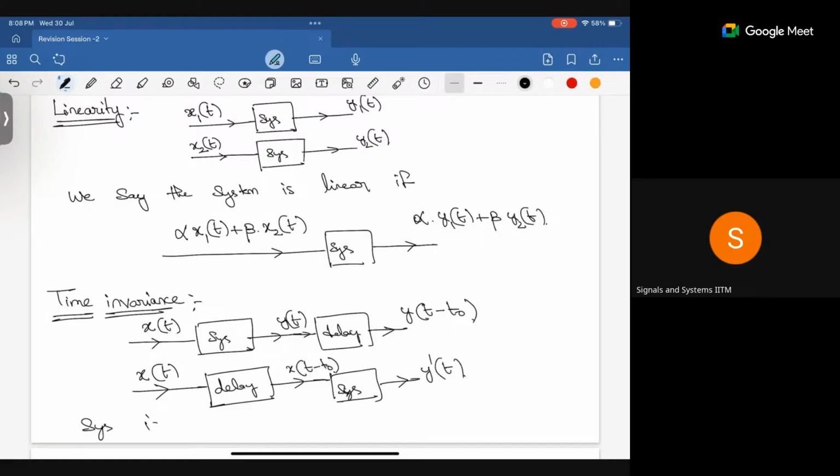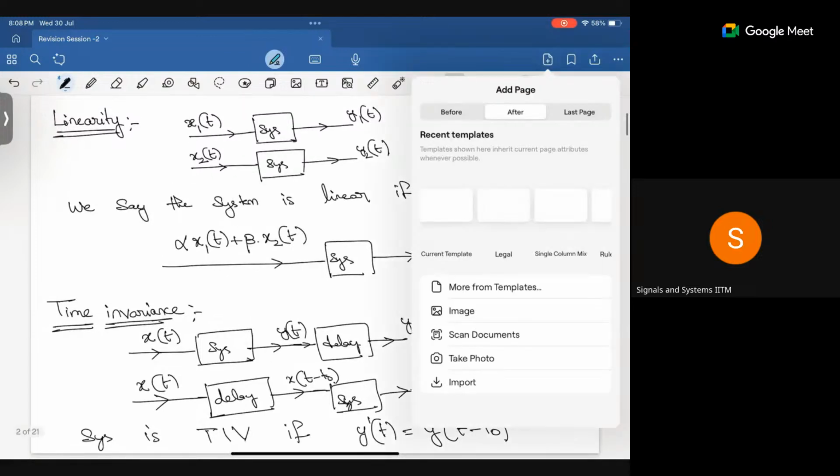Then we say the system is time invariant, in short TIV, if y prime of t equals y of t minus t naught. So the delayed input results in the delayed output. So x of t minus t naught should also give me y of t minus t naught. That's time invariance.